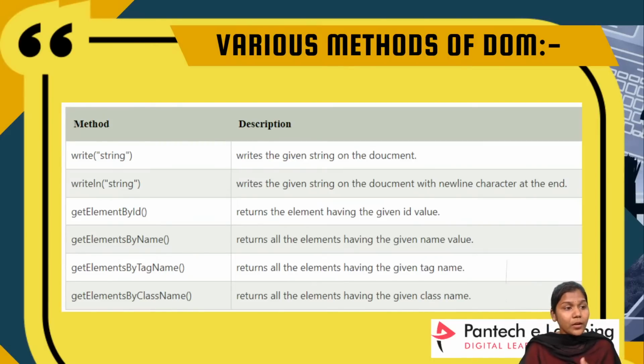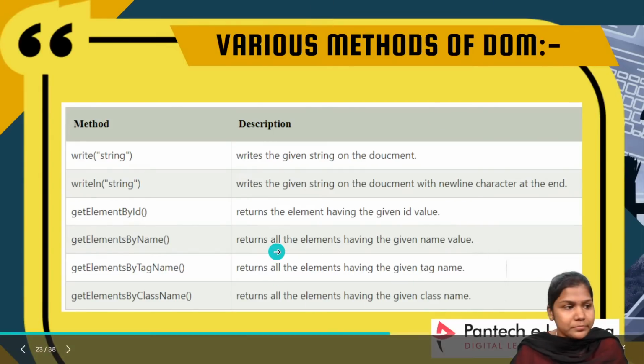It means whatever we are writing at the last will move on to the next line. getElementById returns the element having the given ID value. getElementsByName returns all the elements having the given name value. Next, by tag name, next, by class name. These are the various methods of DOM.